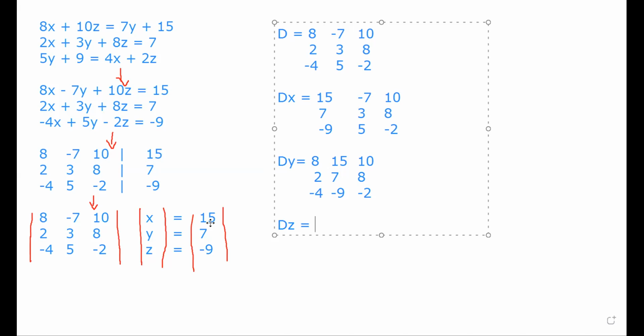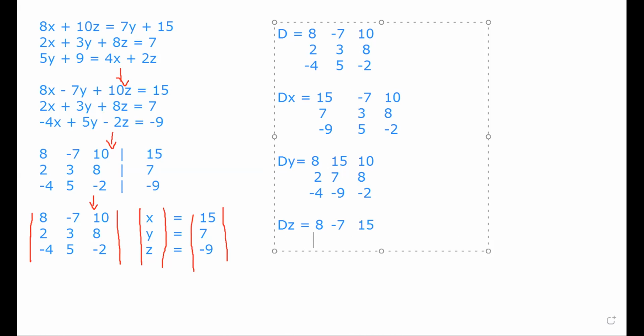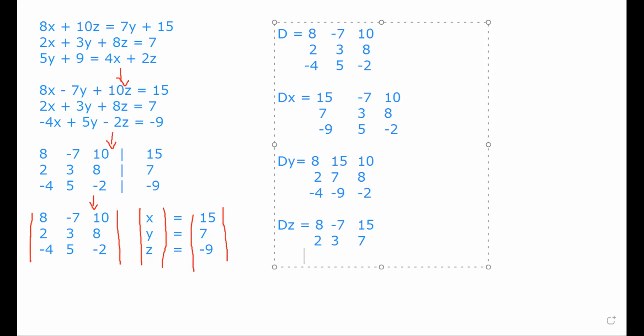Therefore, dz is equal to 8, minus 7, 15, 2, 3, 7, minus 4, minus 4 and 5, and the last one minus.